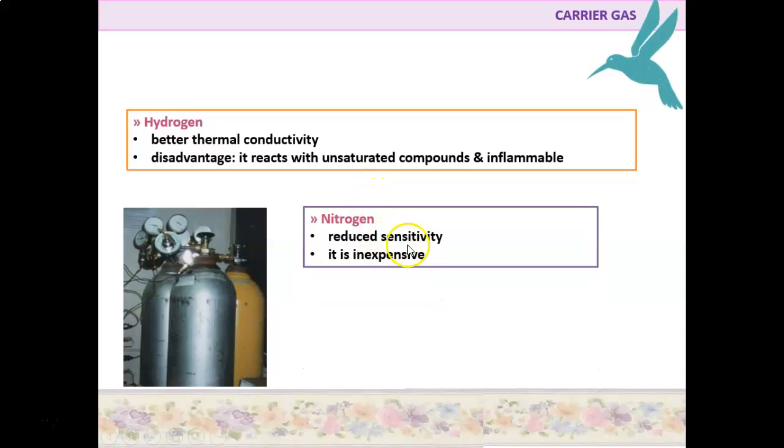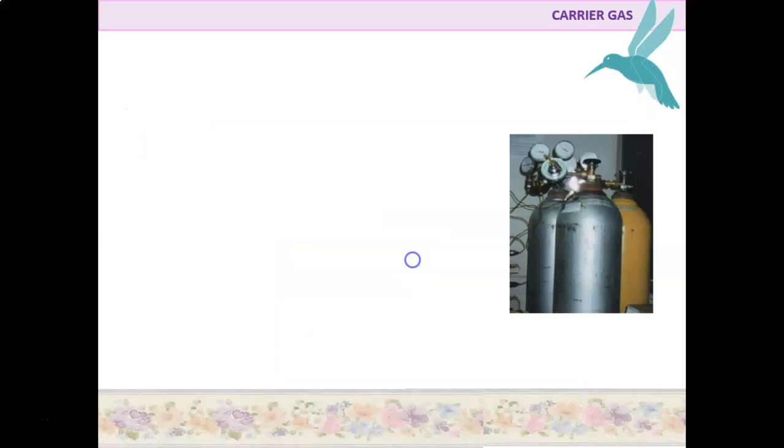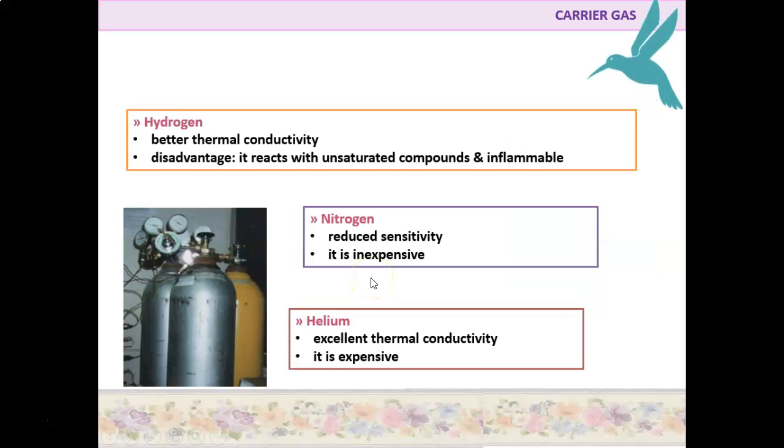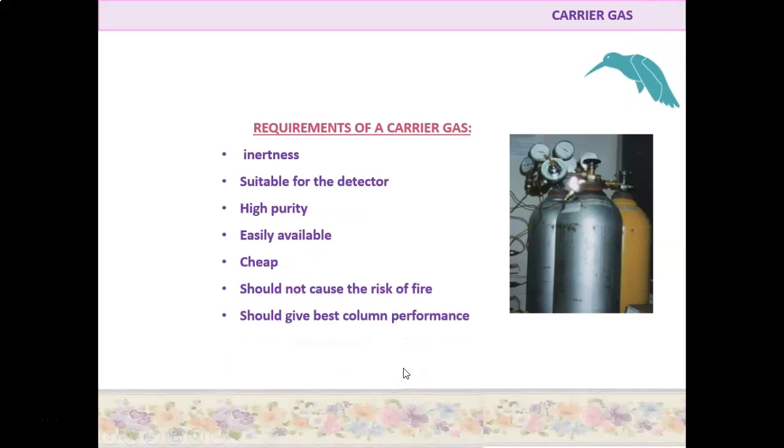Nitrogen will reduce sensitivity and is inexpensive. Helium has excellent thermal conductivity, but unfortunately, it is very expensive. The requirements of a carrier gas: it must be inert, suitable for the detector, high purity, easily available, cheap, should not cause a risk of fire, and should give the best column performance.